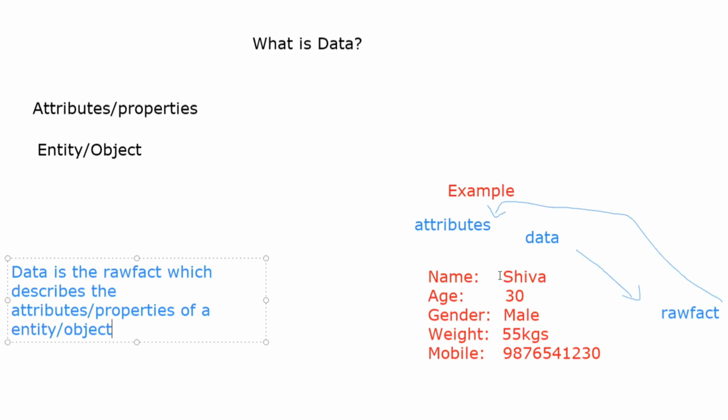Whatever thing you take, either a person or a chair, those are nothing but entity or object. So instead of taking a person or a chair every time, I can add entity or object. So you can clearly get an understanding of the definition. The definition goes like this: data is nothing but a raw fact which describes attributes or properties of an entity or object. Okay, so this is about data.